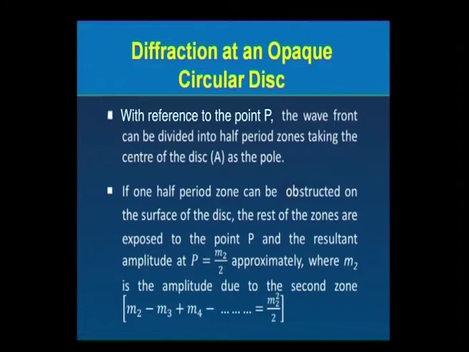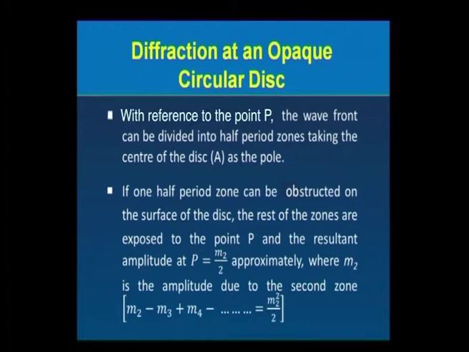So, let us concentrate now on the second paragraph, which says that if a disk is able to obstruct one half period zone, then the light will be coming from the rest of the half period zones, that means M2, M3, M4.